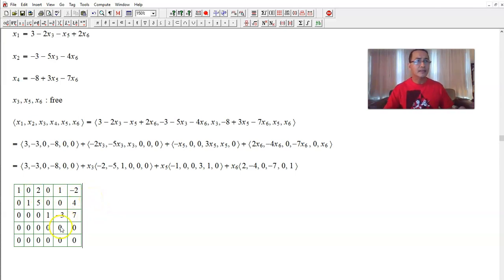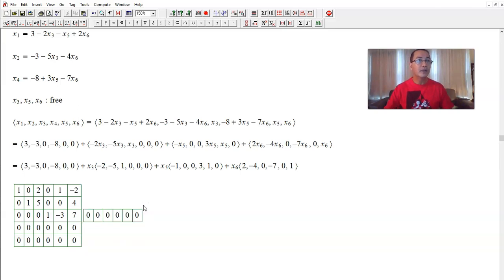Okay, so let's review forming a basis for the null space of the matrix. We have 1, 2, 3 free variables. So remember, we will need one empty vector for each of the free variables. So let's put that over here.